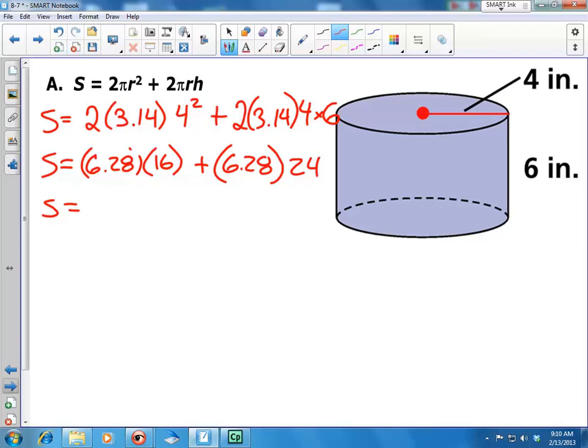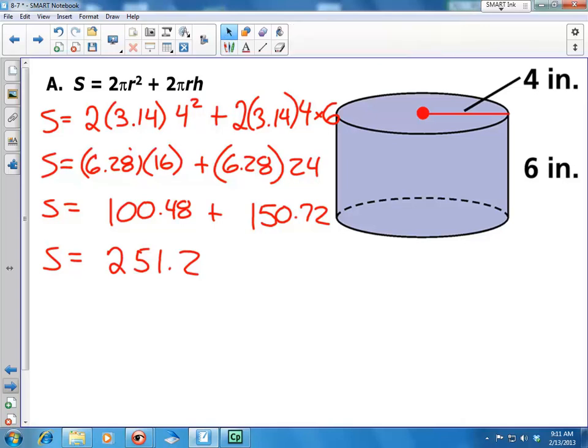Come on, somebody. 16 times 6.28 is 100.48, plus, what's 6.28 times 24? Now, when we add those two together, what do we get? 251.2.